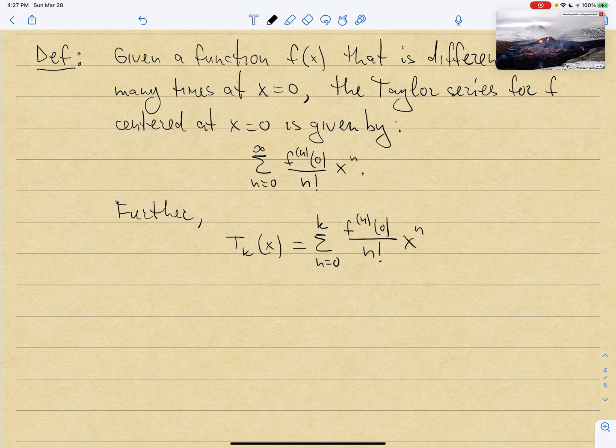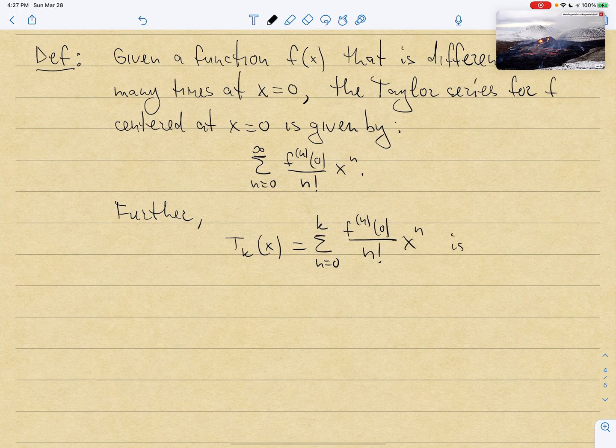This is the k-th partial sum of your Taylor series. And this is going to be the k-th Taylor polynomial.